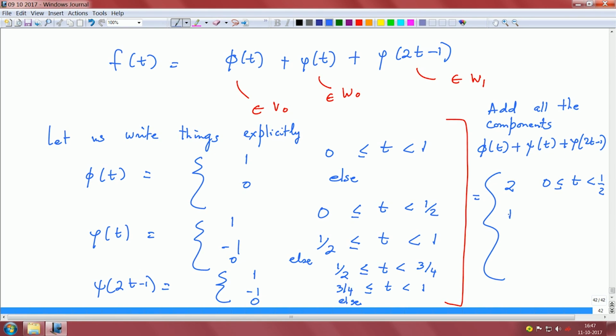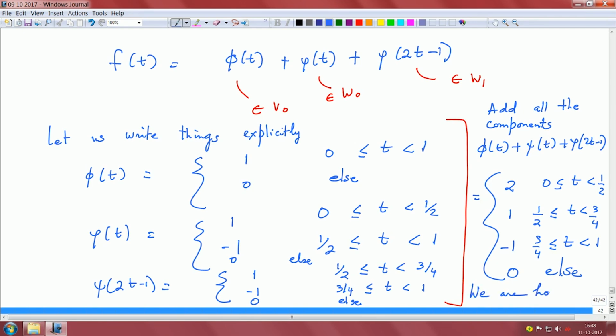It is 1 between 1 half and 3/4, minus 1 between 3/4 and 1, and it is 0 otherwise. So, we are basically home.